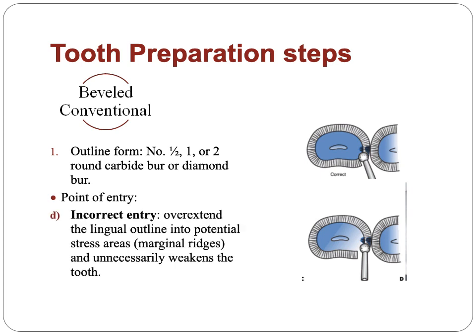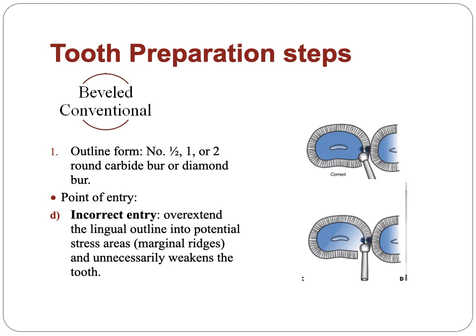Now, if you compare the photo in the upper part of the slide with the one on the lower side of the slide, you can see that the first one on the upper side is the correct entry. As we said, the bur is as far as possible in the embrasure. However, in the second photo, you can see that the bur is exactly perpendicular to the lingual surface.